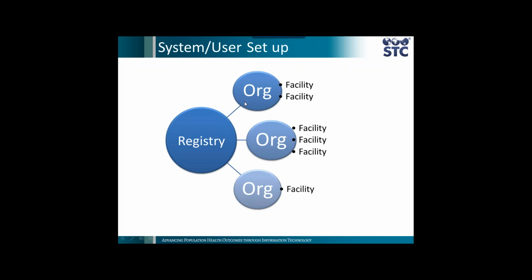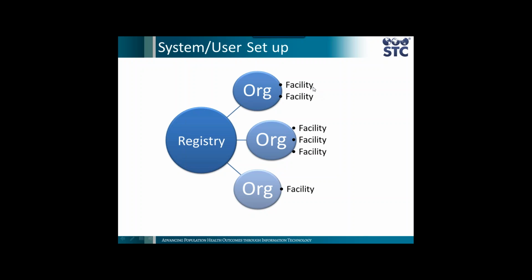So off of the registry, we have all different types of organizations. So this could be like a Rockwood, a Providence, things of that nature, so big entities. And then off of those organizations, we have different facilities. So for example, if this was Rockwood, this could be Rockwood, Maine, this could be Rockwood, Liberty Lake, and so forth.